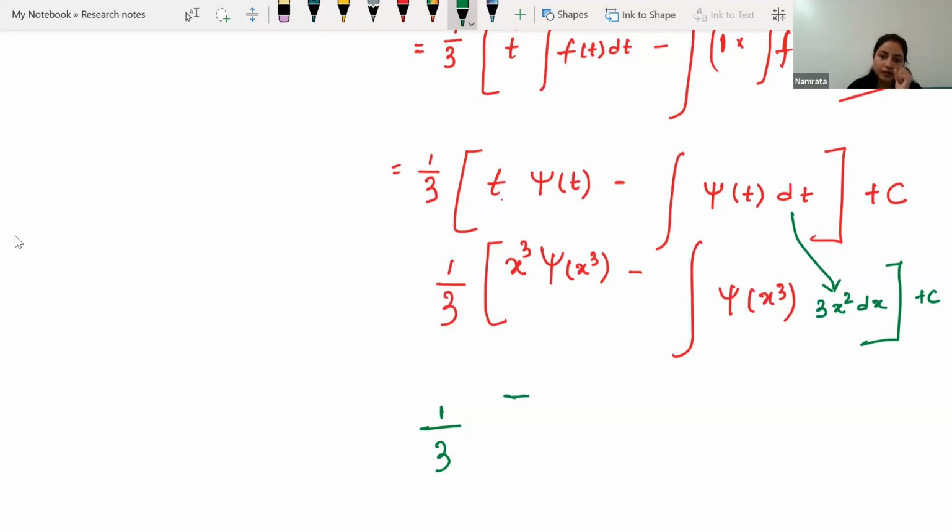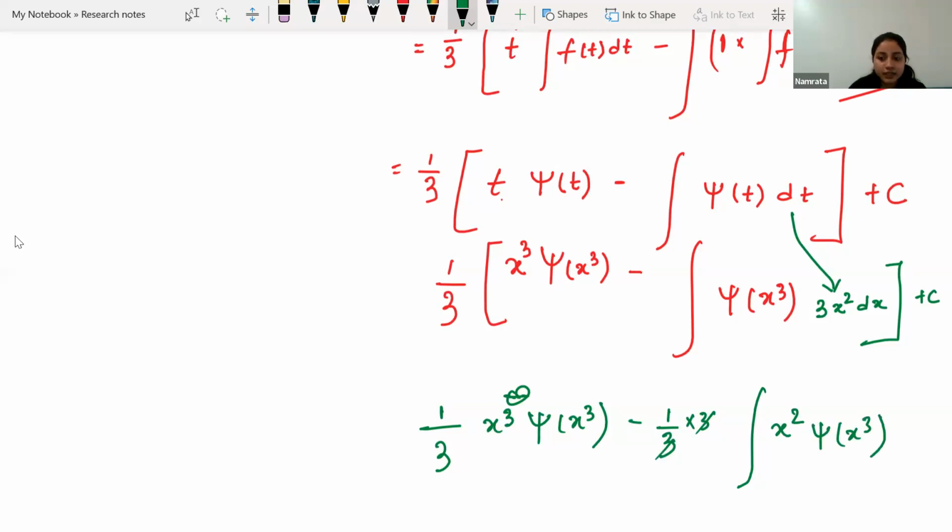1 by 3, if we open the bracket, it will become x cube psi x cube, and this minus 1 by 3, and here also 3 will come out. That will cancel out each other. We will be having x square psi of x cube dx plus c.